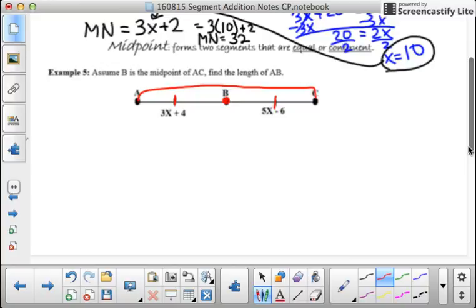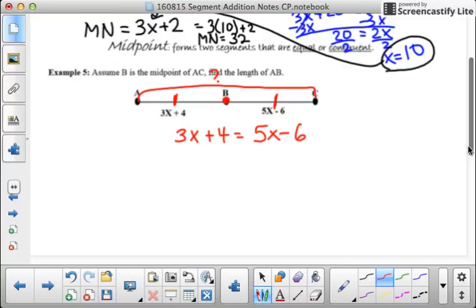However, I'm not going to use part plus a part equals a whole because this is a different kind of problem. They don't tell me how long AC is. I have no idea how long this is. So instead, because this line segment is the same as this line segment, I can say 3x plus 4 is exactly the same thing as 5x minus 6 because it's the midpoint.